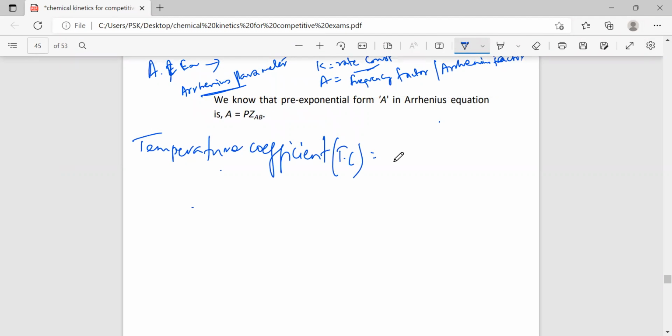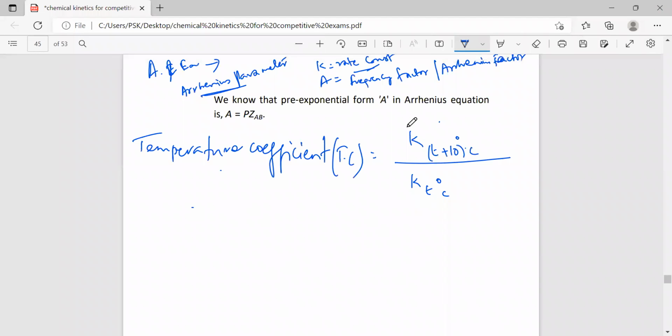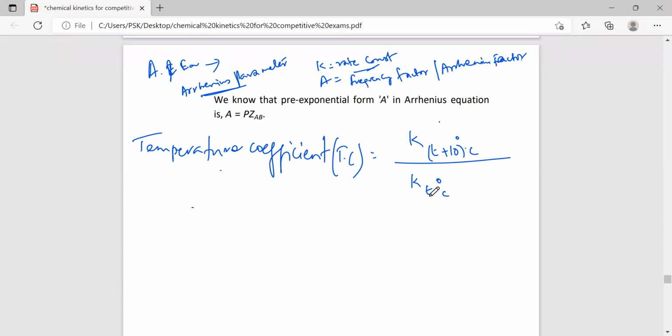Temperature coefficient is defined as the ratio of the rate constant of a reaction at a particular temperature to the rate constant of the same reaction 10 degrees lower. You can see T is a temperature, T plus 10, and here it's only T. For example, we can represent the rate constant of a reaction at 35 degrees Celsius divided by the rate constant of the reaction at 25 degrees Celsius.